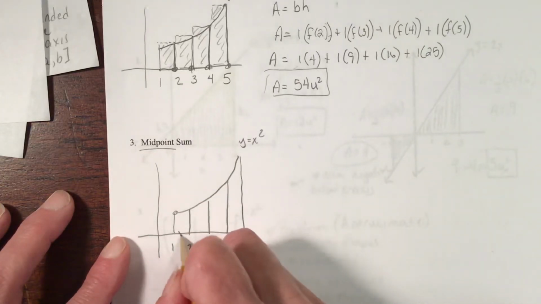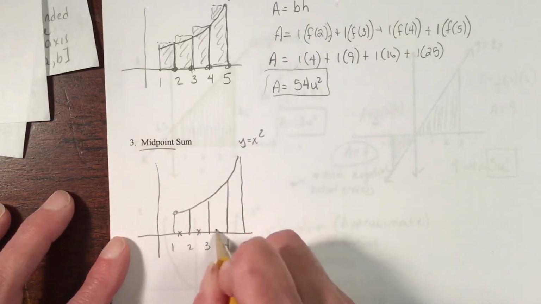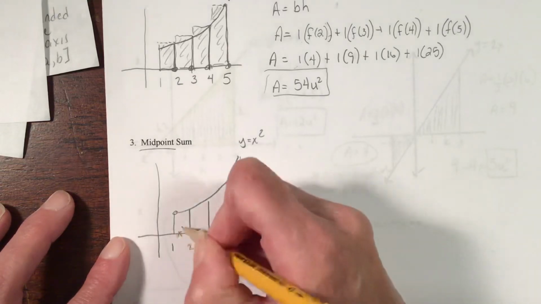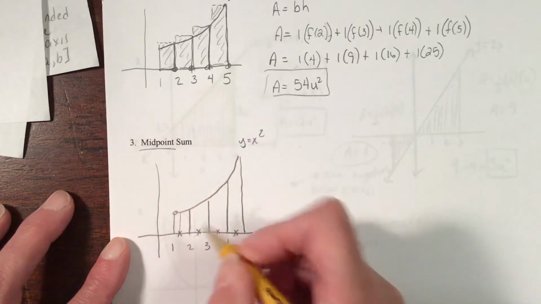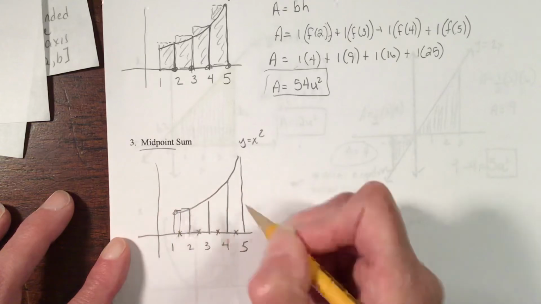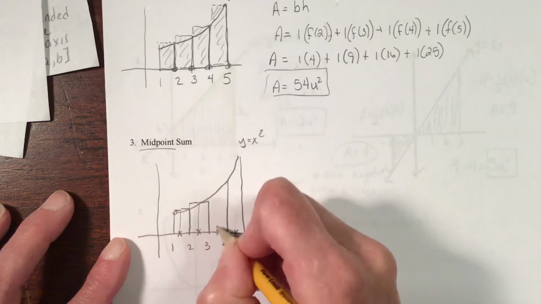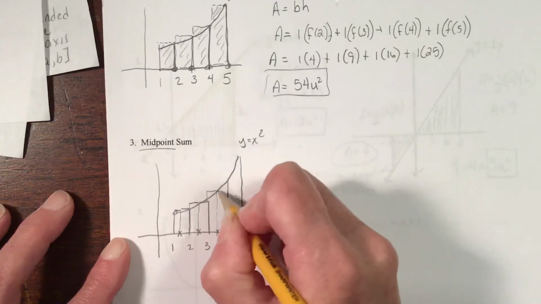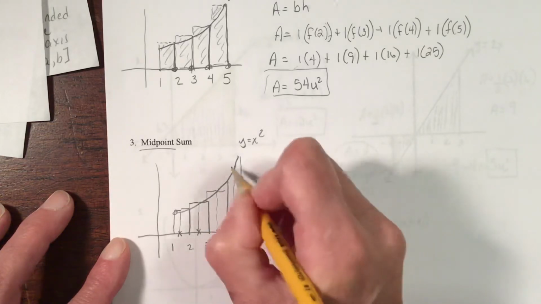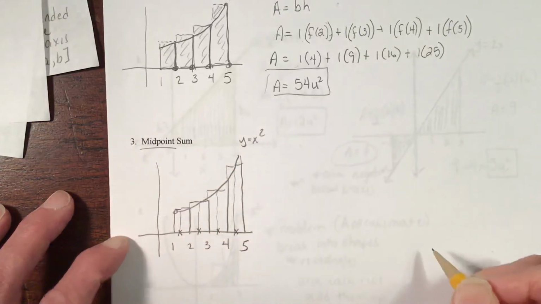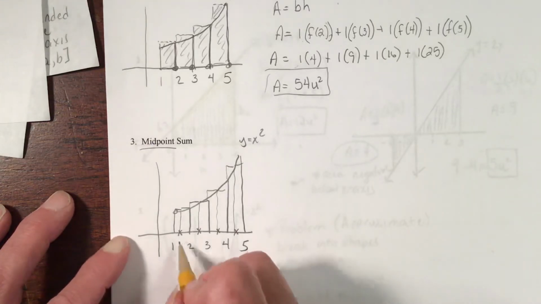So we're going to find the midpoint of each interval, and that's going to be what we plug in. That's going to form our rectangles now. That's the height. So hopefully you're seeing that this is going to probably give us a better approximation.